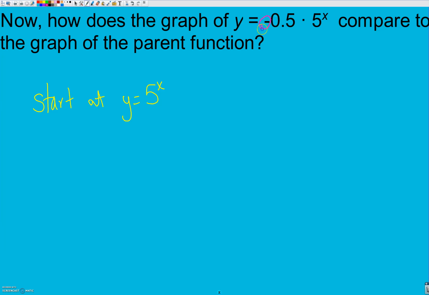Again, this negative is going to reflect over the x-axis. Because it's right out in front, we're going to reflect over the x-axis. And this 0.5 is a compression because it's less than 1. It's a compression factor. It's a half. Okay, it's going to smush everything by half.